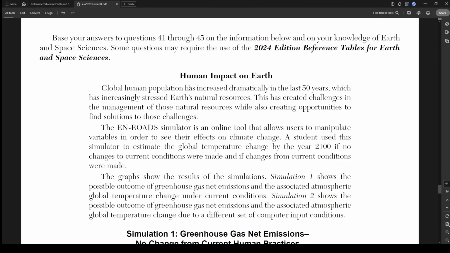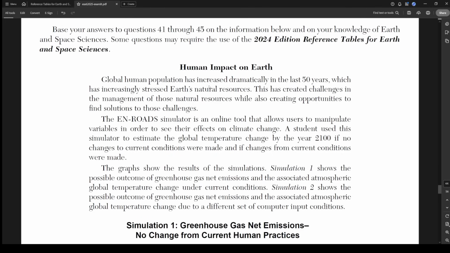41 through 45. Global human population has increased dramatically in the last 50 years, which has increasingly stressed Earth's natural resources. This has created challenges in the management of those natural resources while also creating opportunities to find solutions. The En-ROADS simulator is an online tool that allows users to manipulate variables in order to see their effects on climate change.